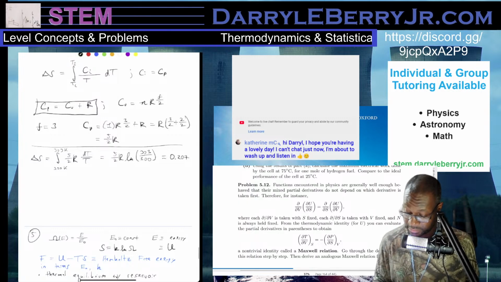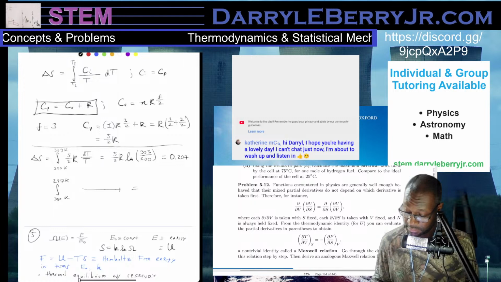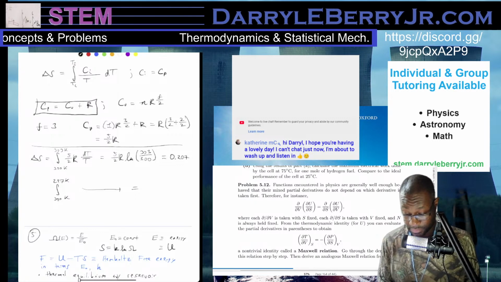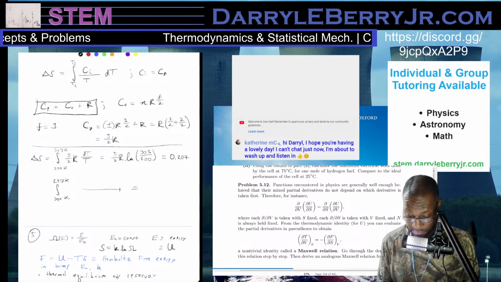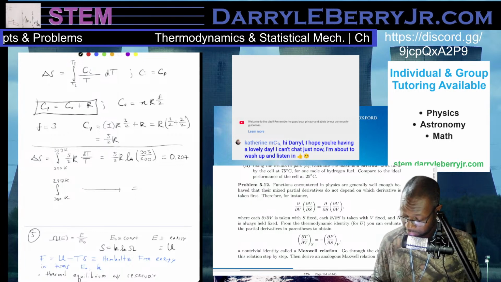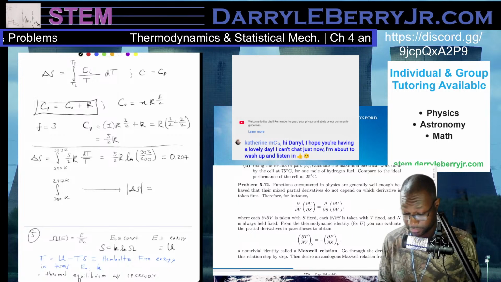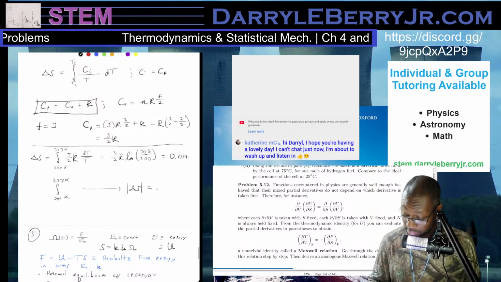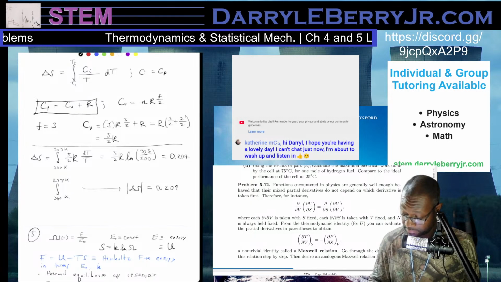And if we did the integral from 300 to 297, change in S equals, magnitude of change in S equals 0.209.